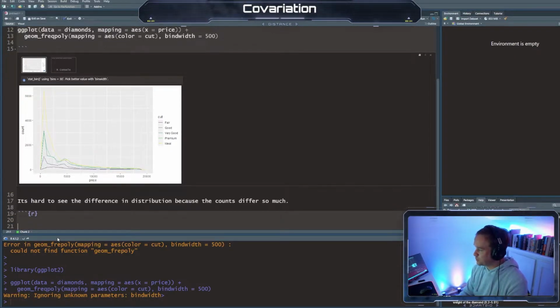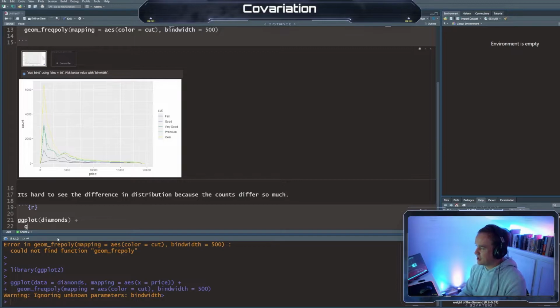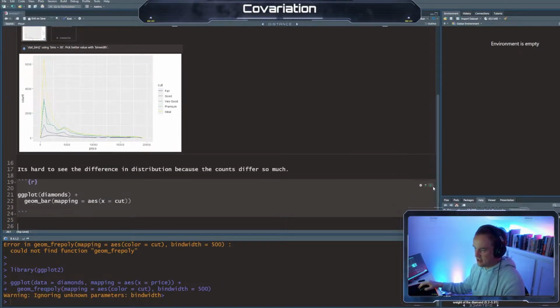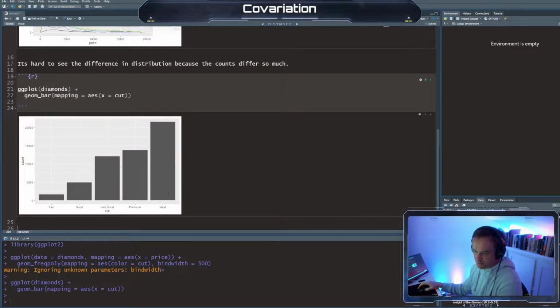So what we're going to do instead is ggplot diamonds and look at geom_bar, mapping equals aesthetic, x equals cut. We're just going to look at the distribution.